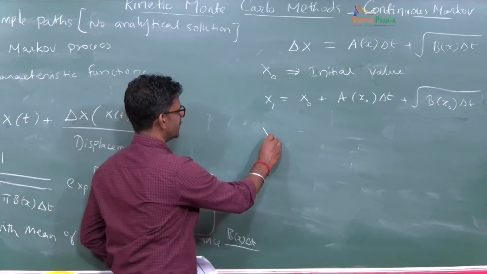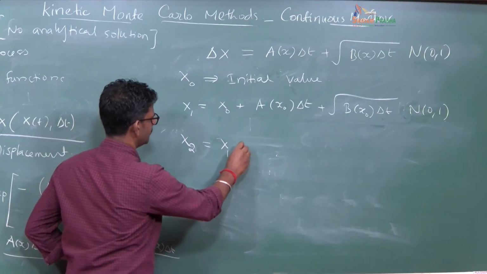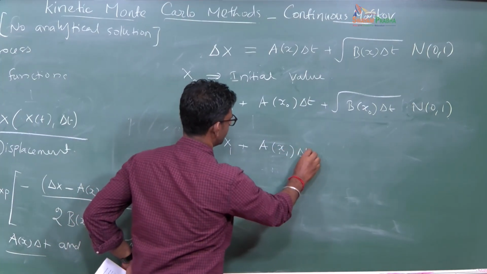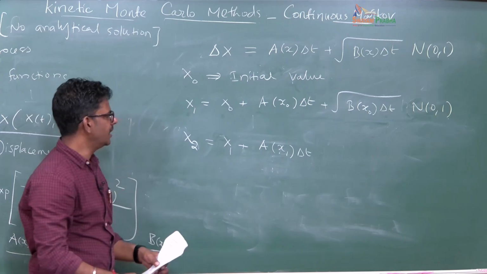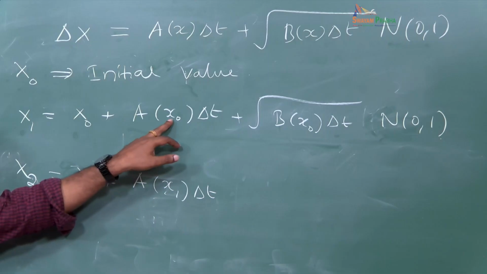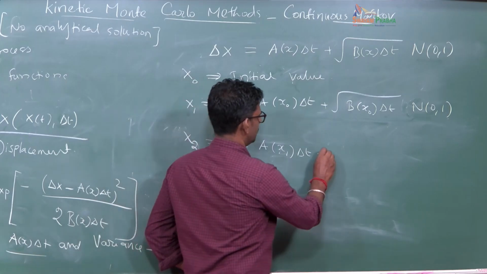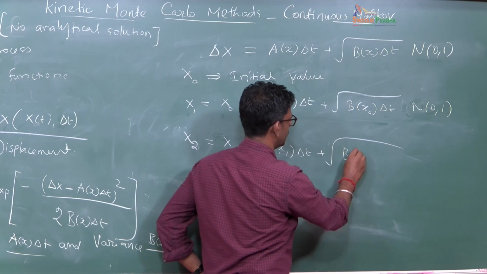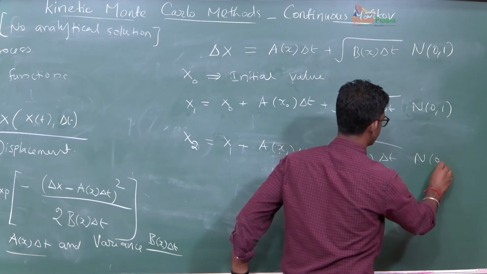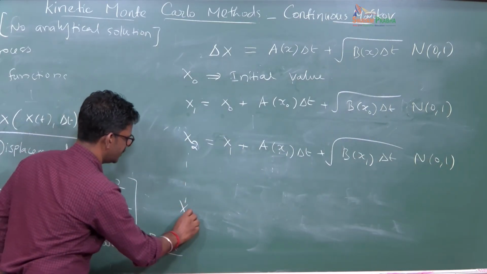And then you can go to the next time step, x2, that would be equal to x1 plus again a of x1 delta t. If the function a depends on x, then this quantity will keep changing because it depends on the current value of x. Similarly, here you will have b of x1 delta t and n of 0 comma 1, and then you can go all the way up to whatever number of data points you want.